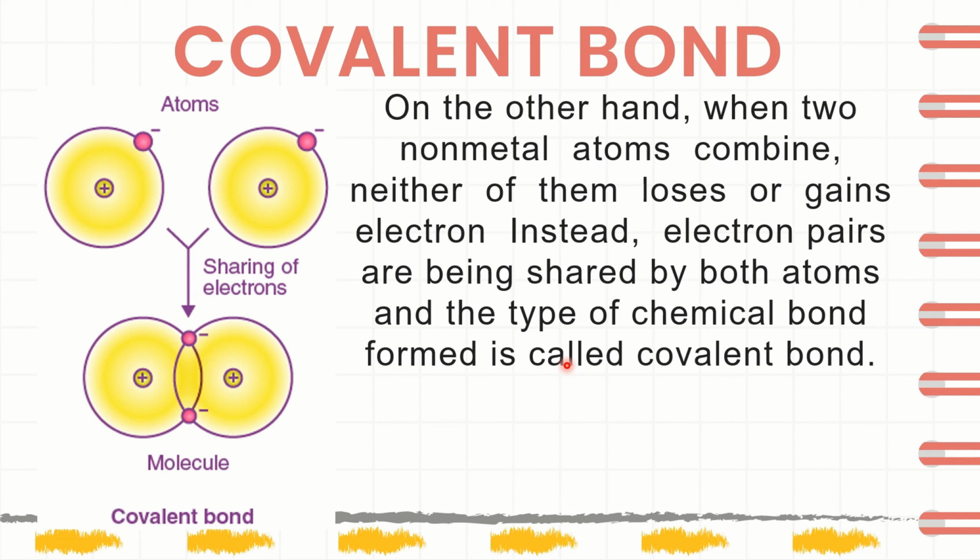So, neither sa kanilang dalawa it loses or gains electron. Instead, they pair. So, they share electrons together to bond together. So, it means they need one another to satisfy their valence shell. So, that is covalent bond.